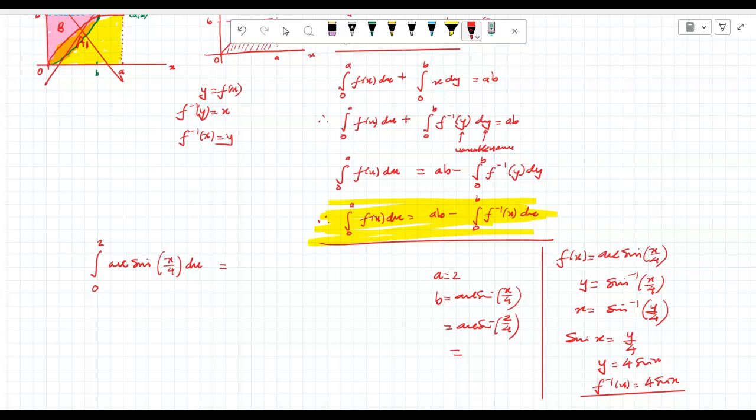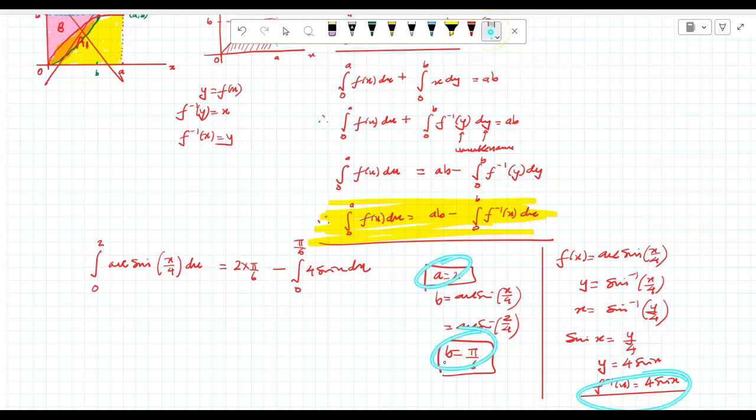Sine inverse of half is 30 degrees, pi by 6. So this is my A, this is my B. If I use the theorem, it will be 2 into pi by 6, that is AB, minus the integral from 0 to B of the inverse.